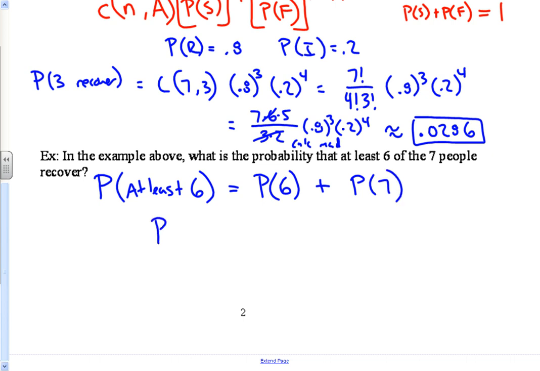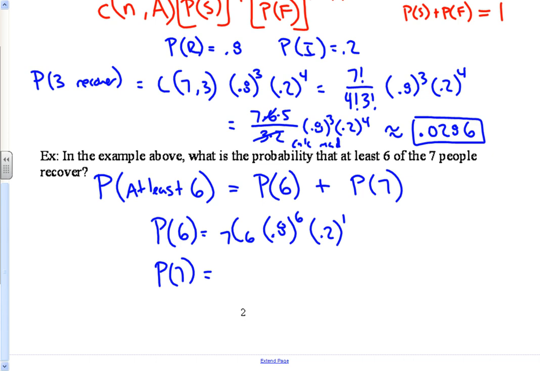So the probability of 6 is, out of the 7, we choose 6. You can write it this way if you prefer. Times 0.8 to the 6th power times 0.2 to the 1 power, because there are 6 successes and 1 failure. And the probability of 7 would equal 7 choose 7, which is just 1, times 0.8 to the 7th power times 0.2 to the 0 power, because remember, all those numbers always have to add up to 7.